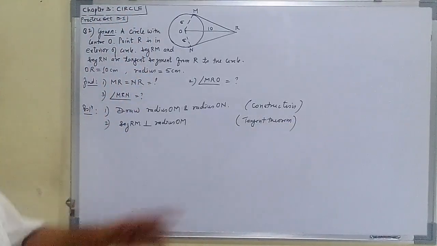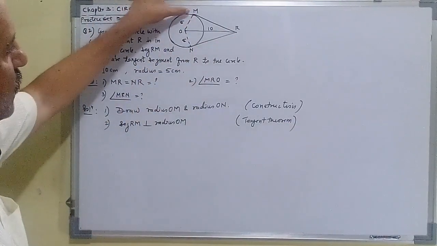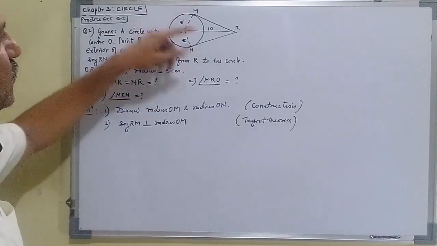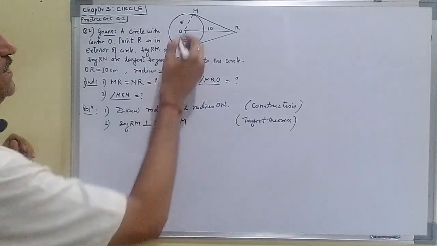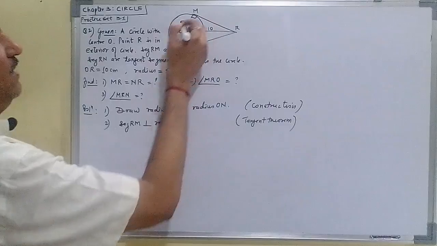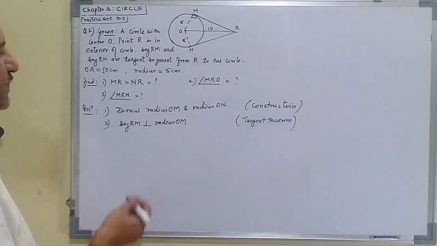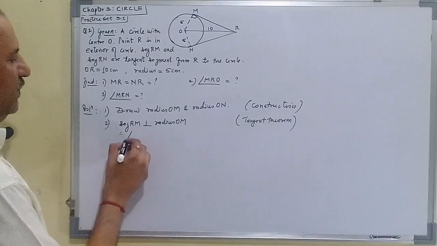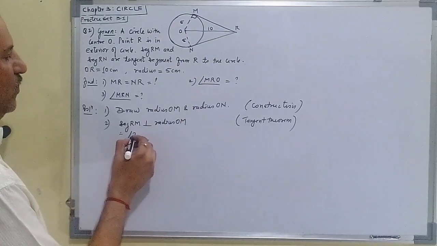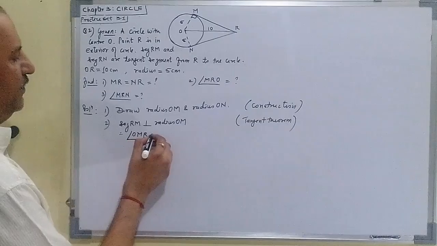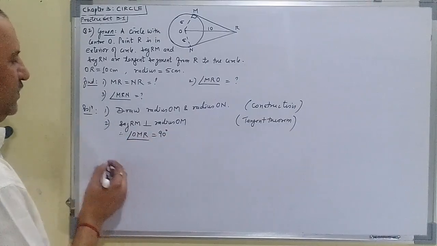Look, RM is a tangent, OM is a radius. So by the tangent theorem, this angle OMR will become 90 degrees. Therefore, angle OMR is 90 degrees.